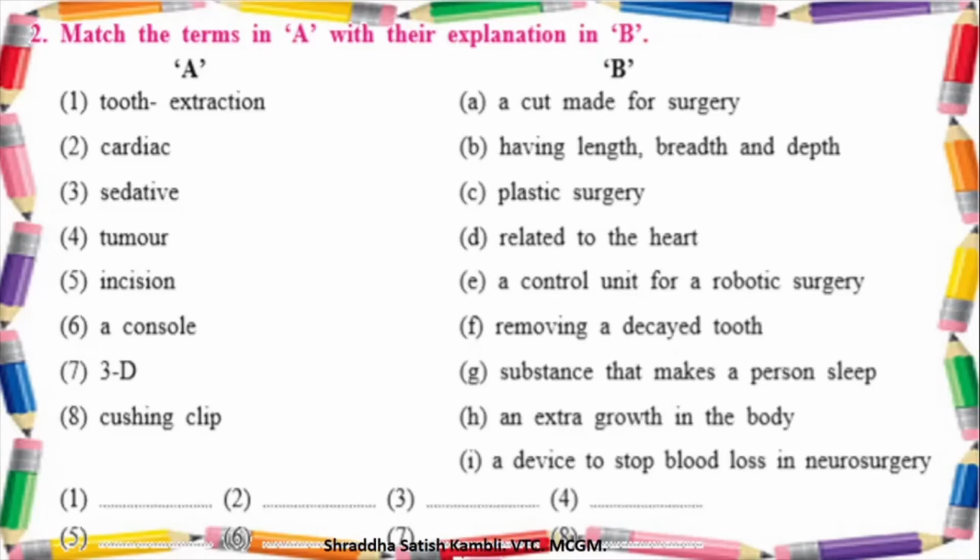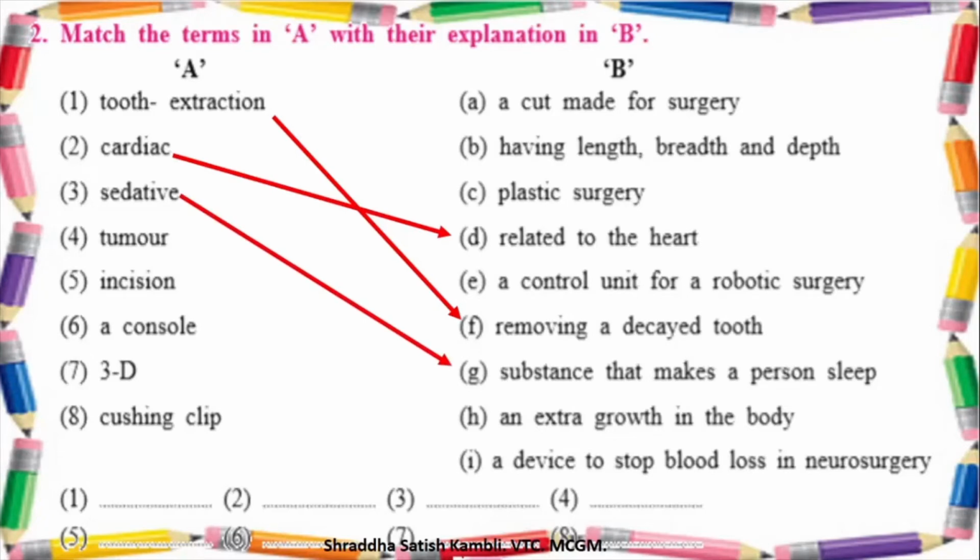So tooth extraction means what? It means to remove a decayed tooth. Cardiac means what? Yes, it is related to the heart. Sedative means a substance that makes a person sleep. What is tumor? It is an extra growth or unwanted growth in your body.